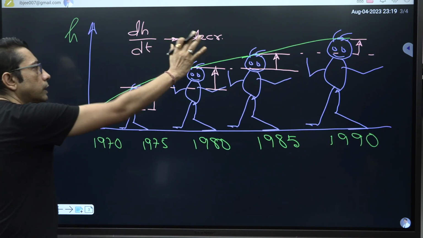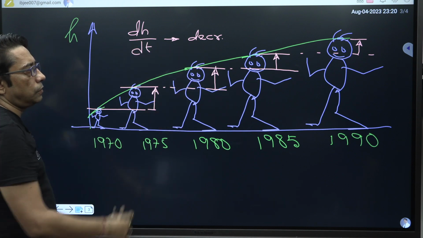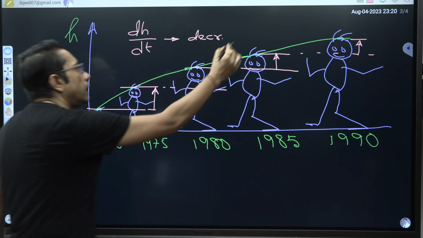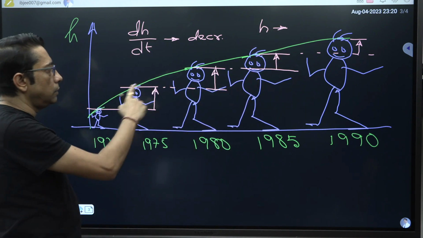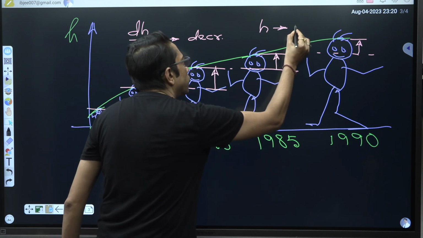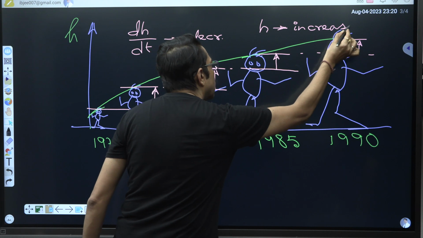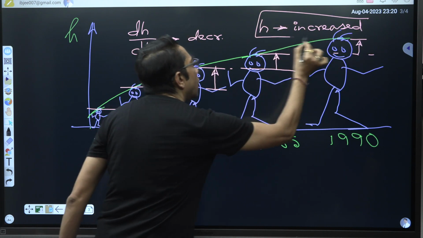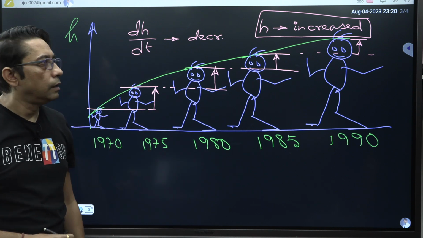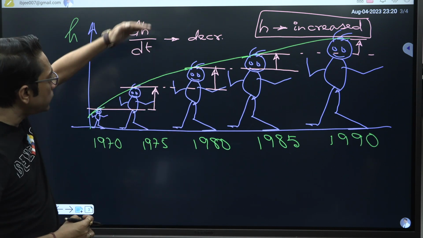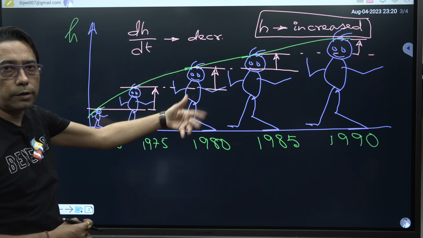If I said decreasing, and suppose some of us didn't understand how the rate of change of height decreases, at least can everyone understand that the height of Shah Rukh Khan in this picture has been increasing? Always, it never decreased. Shah Rukh Khan did not become short. Then height has increased, but the rate of change in height may be increasing, decreasing, or constant.